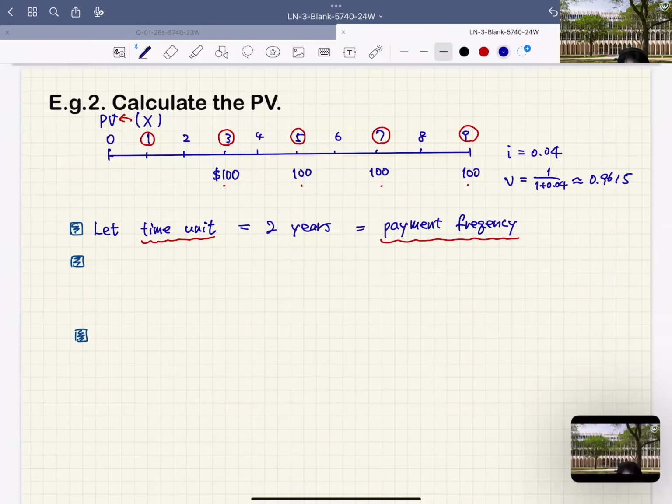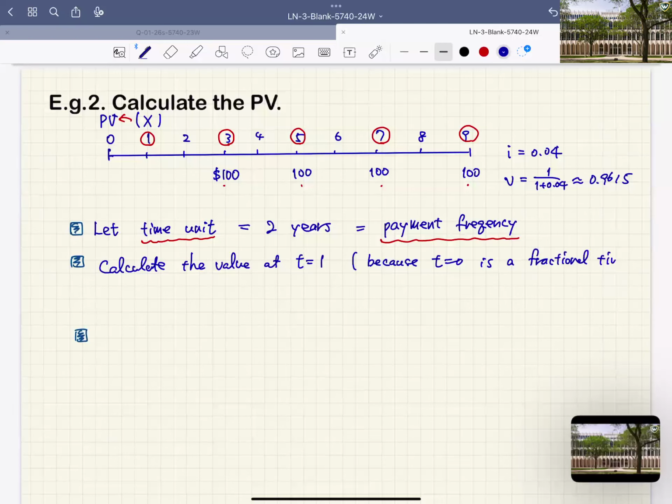First, calculate the value at t equal to 1, because t equal to 0 is a fractional time if the time unit is 2 years.